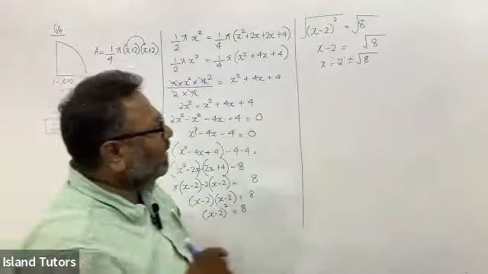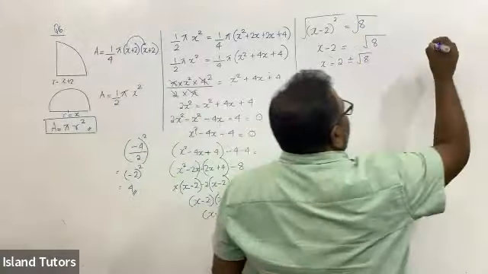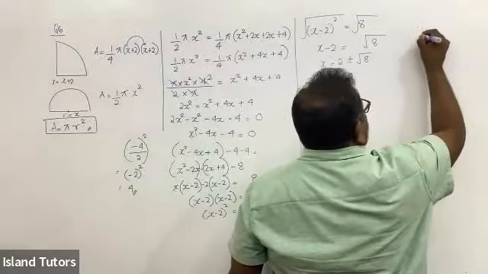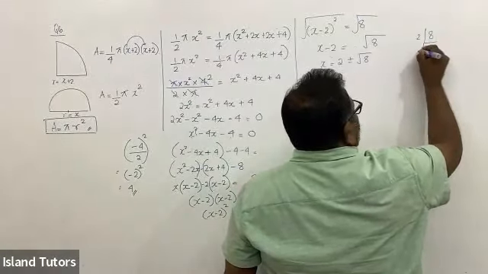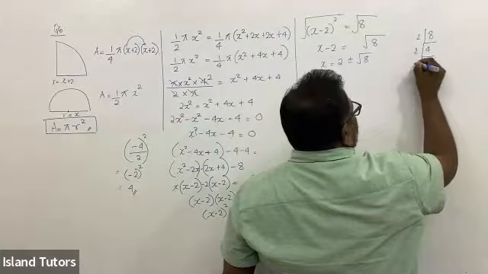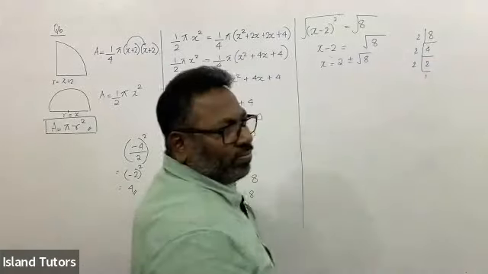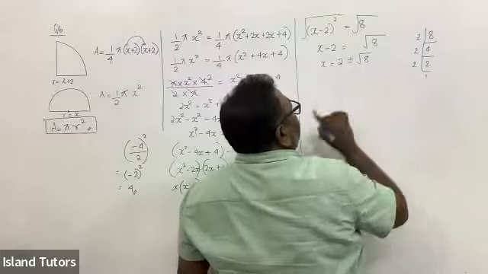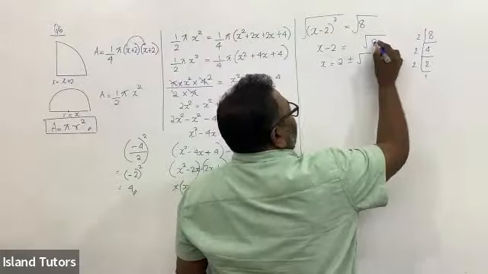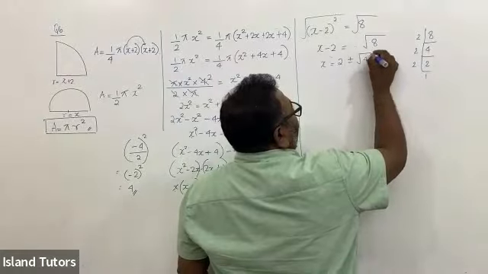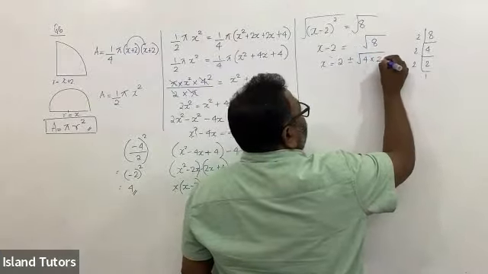Now 8, what you need to do? You need to simplify, divide by 2. 4 divided by 2 and 1. So 8 can be written as 4 multiplied by 2.